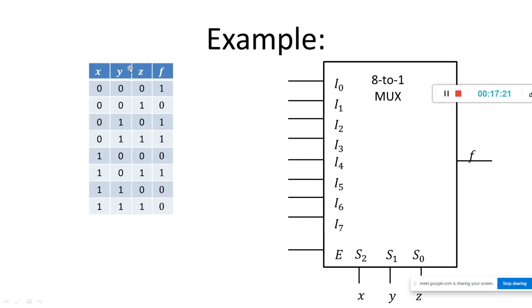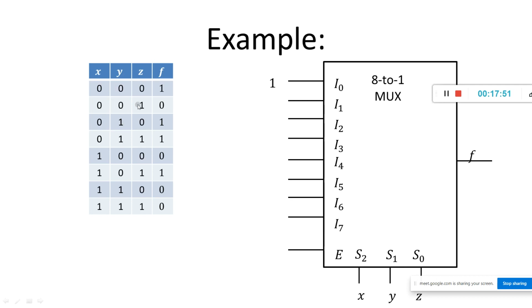Next, again, here an example with XYZ and F values is given. Check here: X is S2, Y is S1, Z is S0. Here we have written X, Y, Z. Next is the F. These are the I0 to I7 data input lines. For 0 0 0, the functional value 1 is placed here.